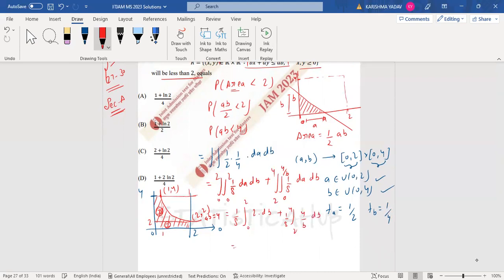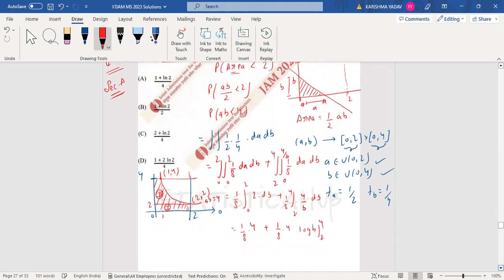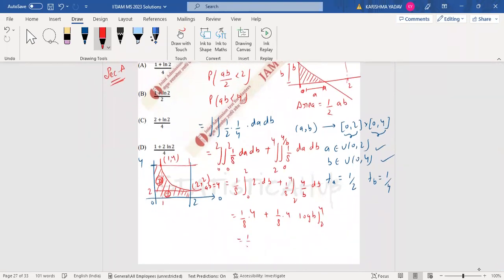That equals 1 by 8 into 4 (4 twos are 8) plus 1 by 8 into 4, where the integral of 1 by B is log B, with limits from 2 to 4. That equals 1 by 2 plus 1 by 2, upper limit minus lower limit, that is log 4 minus log 2.